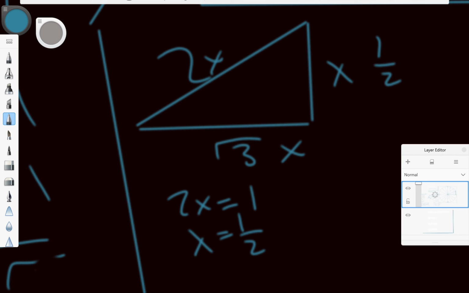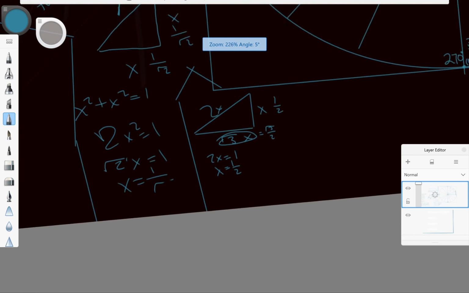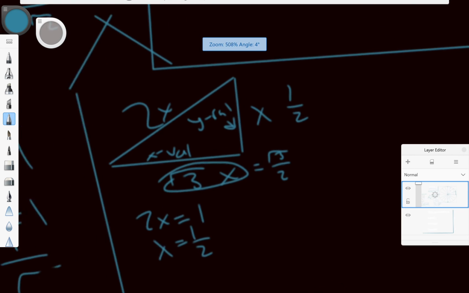Then this thing is equal to root 3 by 2, right? And so now we have this as well. We know that this is the x value and this is the y value. And so now we have sine and cosine.